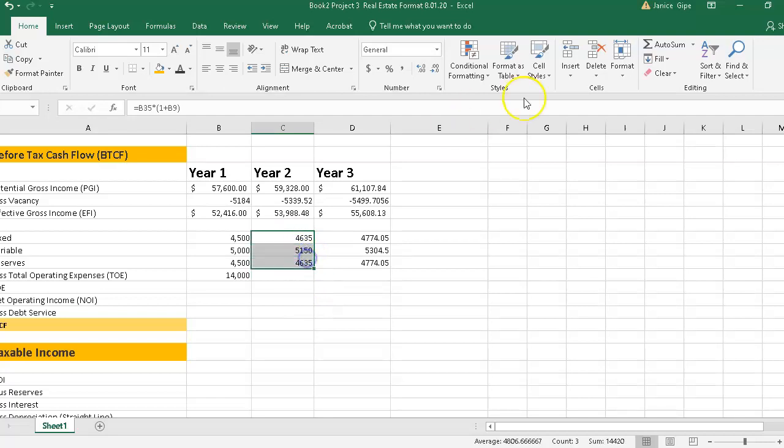And again, increase. So this calculates, it just adds these three numbers for each of the expenses.